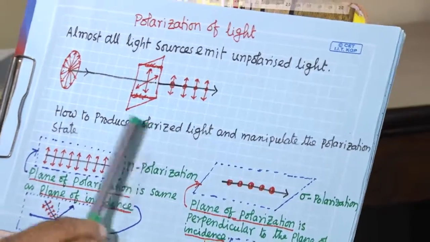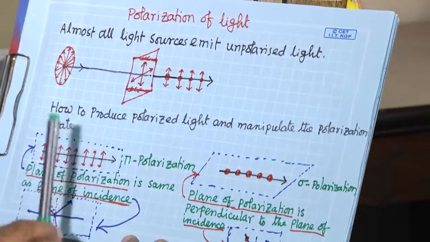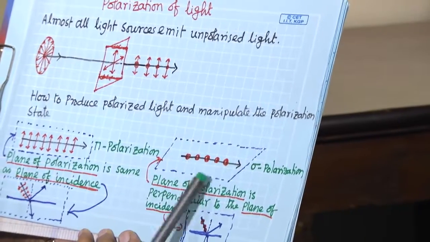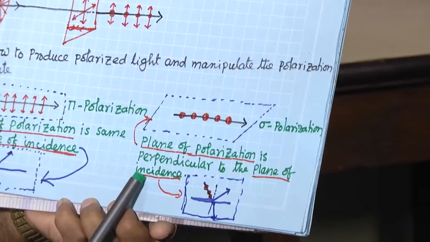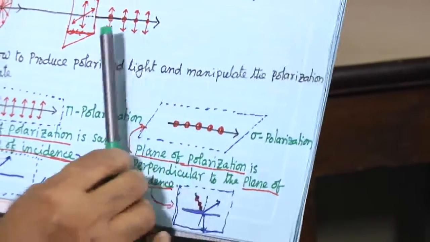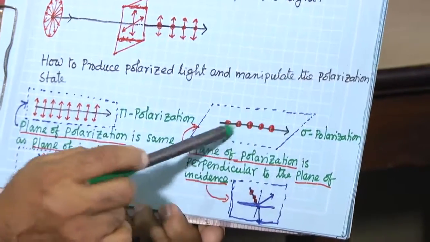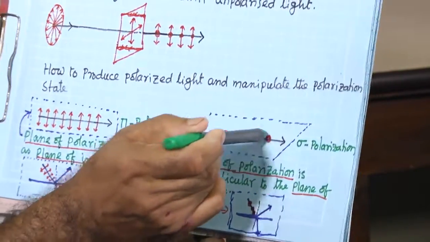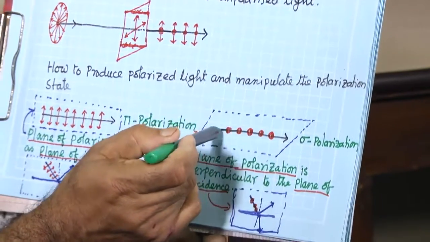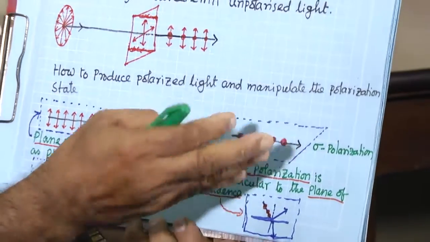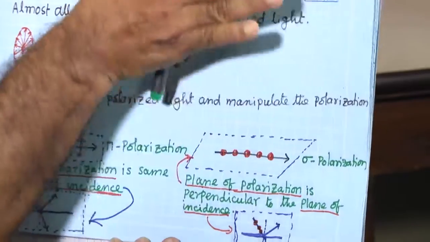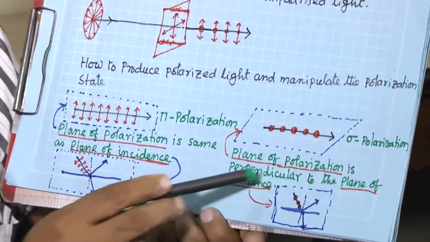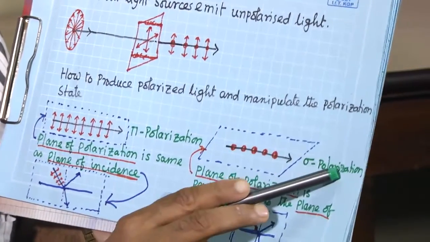If the plane of polarization is perpendicular to the plane of incidence, with the electric field and propagation direction on that plane, then we call it sigma polarization.